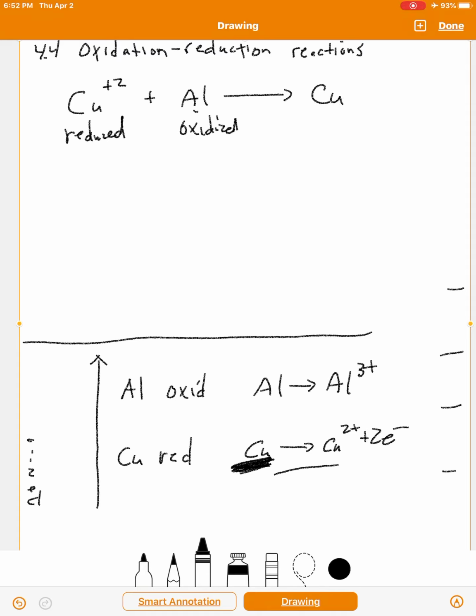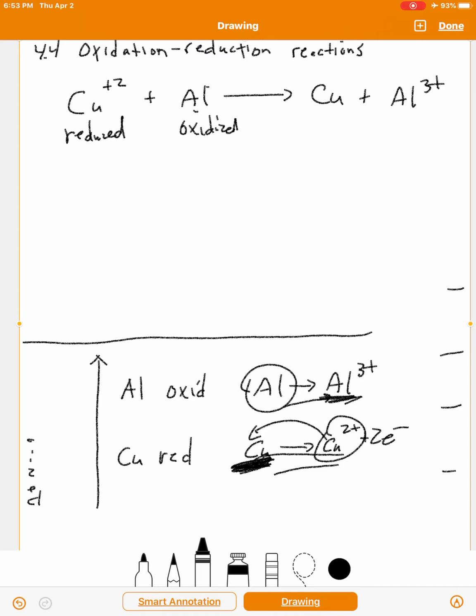So the copper turns into Cu. So it's just the opposite of what they put in. And the aluminum will get turned into Al plus 3 when it gets oxidized. So there, you're just doing the opposite. So you have aluminum, so it's going to turn into that. You have copper 2, it's going to turn into that. Okay? Now, suppose I did this.